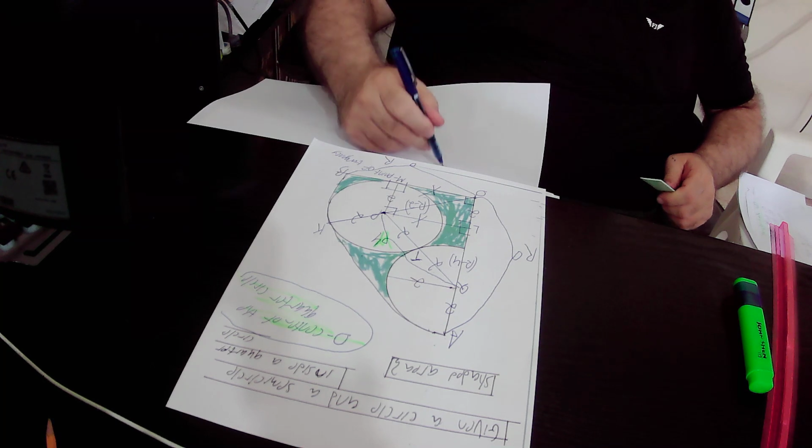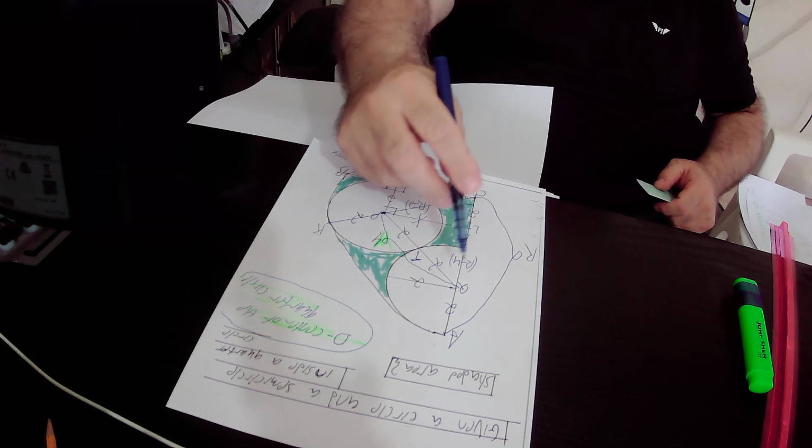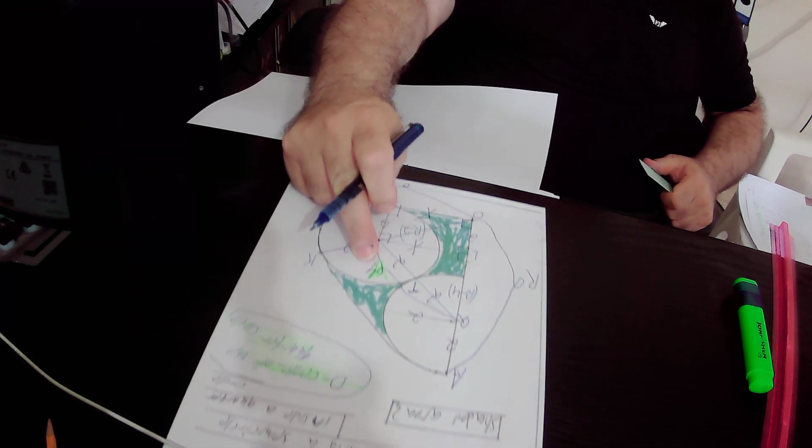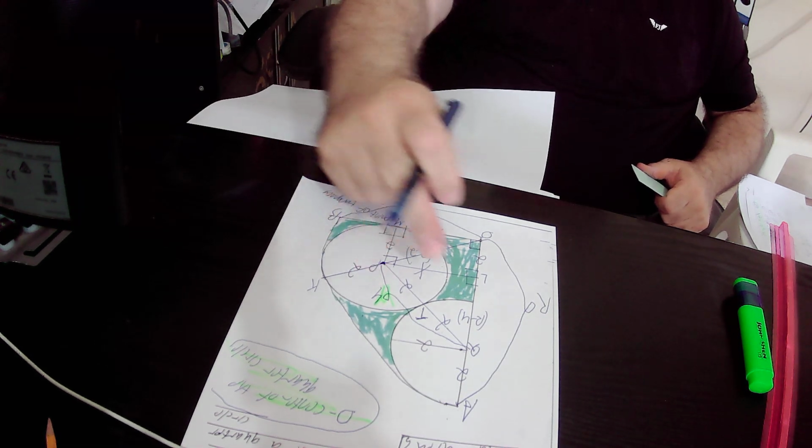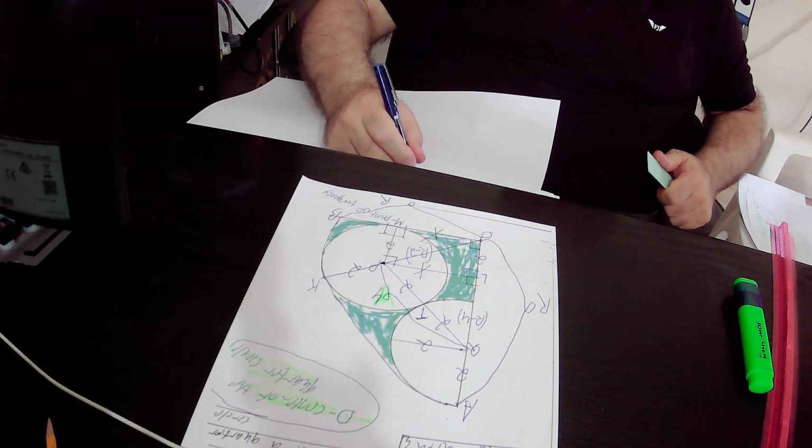LP equals X, and the hypotenuse QP equals 4 units. As you can see here, the hypotenuse QP equals 4 units.